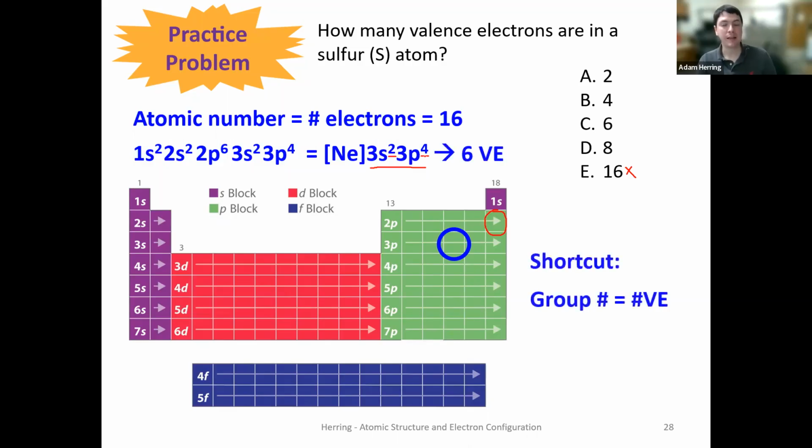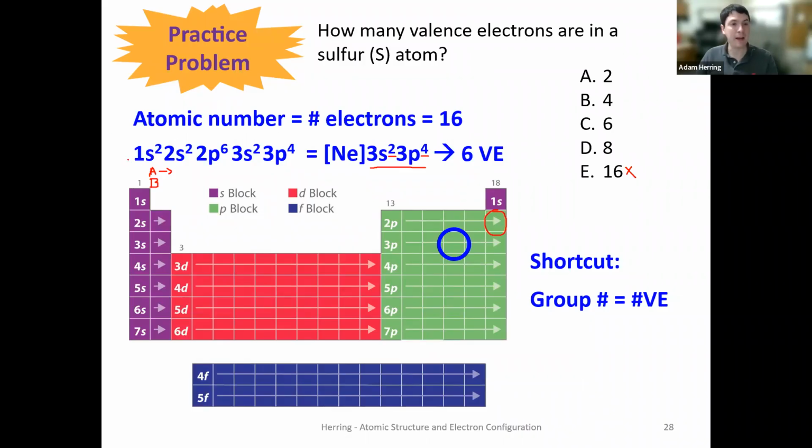And the shortcut is essentially, if you look at the group number for the main group elements, that will tell you the number of valence electrons. And so there are 2 types of group numbers when you look at the periodic table. There's the group numbers that have A and the group numbers that have B. The A labeling system tells you the labels for the main groups.